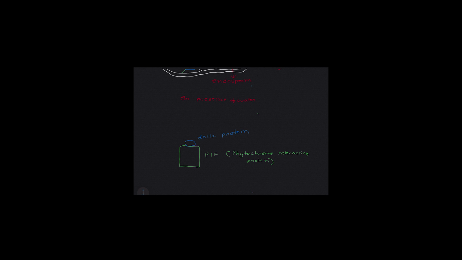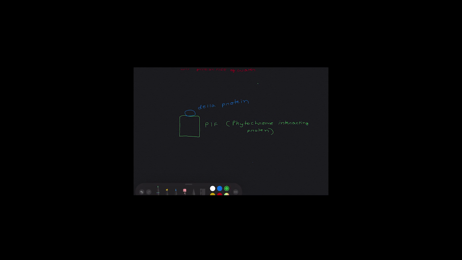I'm going to elaborate on this soon. The main function of aleurone cells is to produce amylase, which is an enzyme, and this enzyme is coded for by a gene.